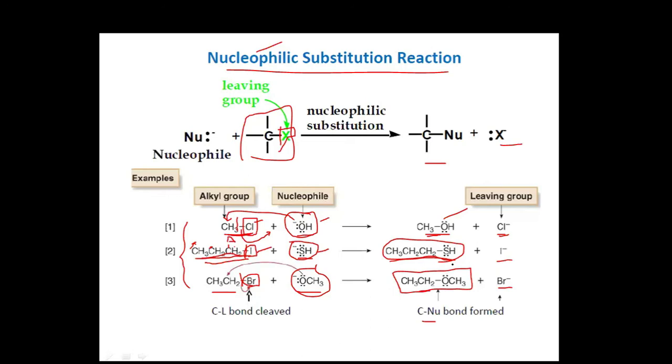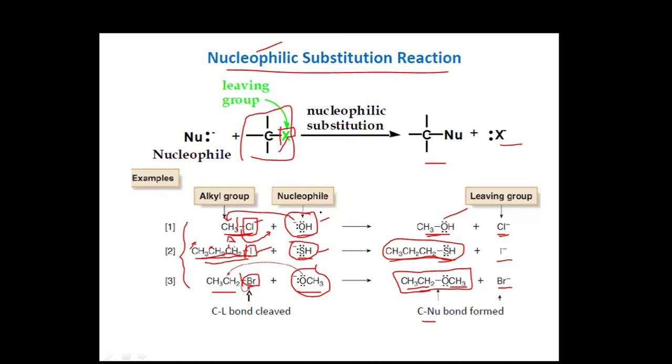Which type of product is this? Ether. Name this structure. Methoxyethane. Yes, methoxy, and this is the ethane group. So methoxyethane.